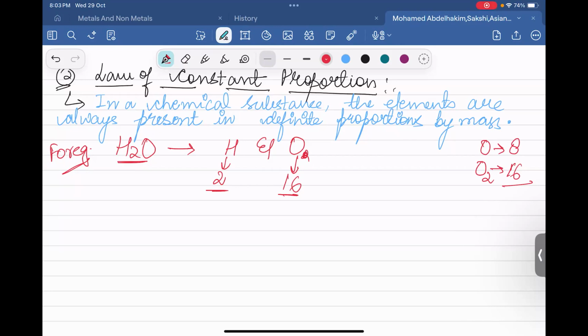So water is made up of hydrogen and oxygen. Hydrogen's mass is 2 and oxygen's is 16. They are divisible by 2: 2 ones are 2, 2 eights are 16, which means 1 is to 8 by mass. This proportion is fixed.